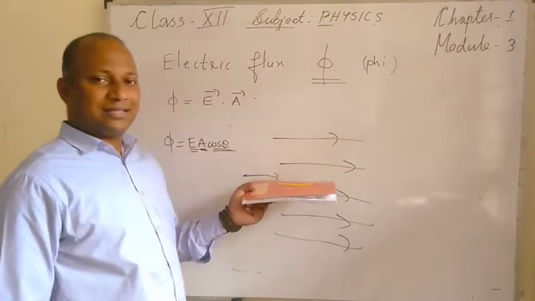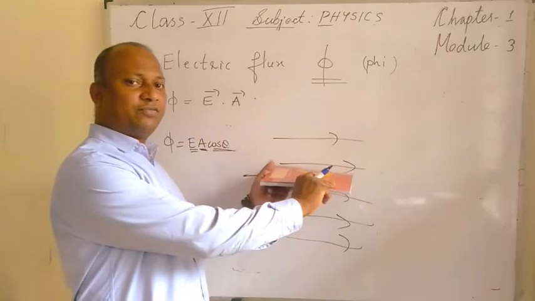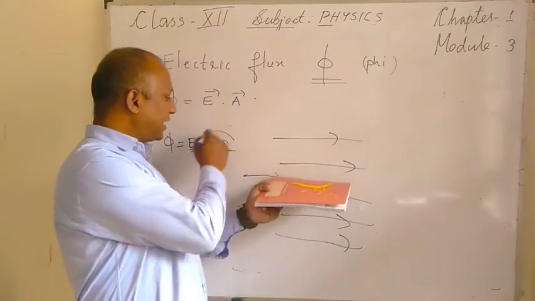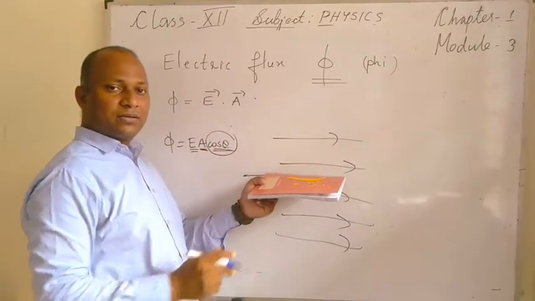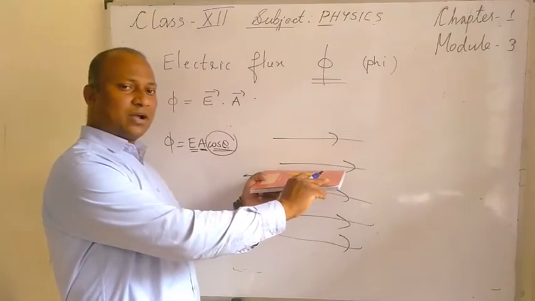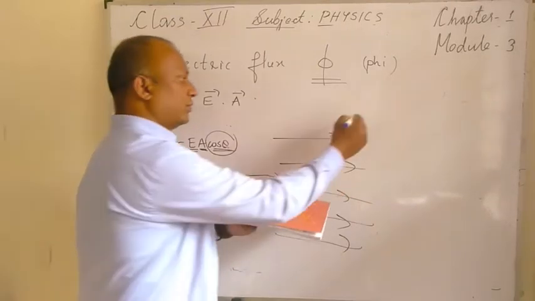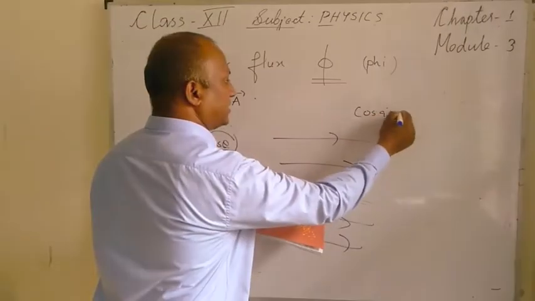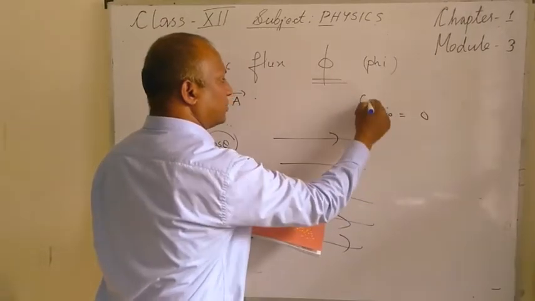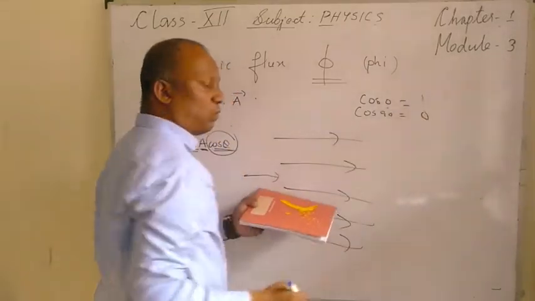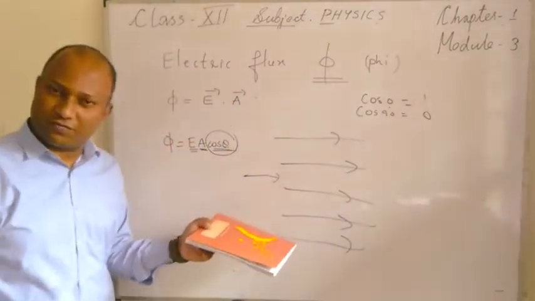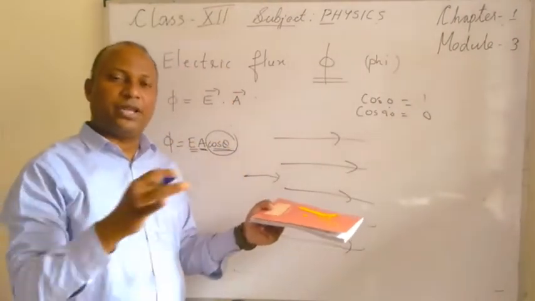That is the speciality of cos theta here. So cos 90 and cos 0: cos 90 is 0 and cos 0 is equal to 1. Those are the trigonometric values for 0 degrees and 90 degrees.